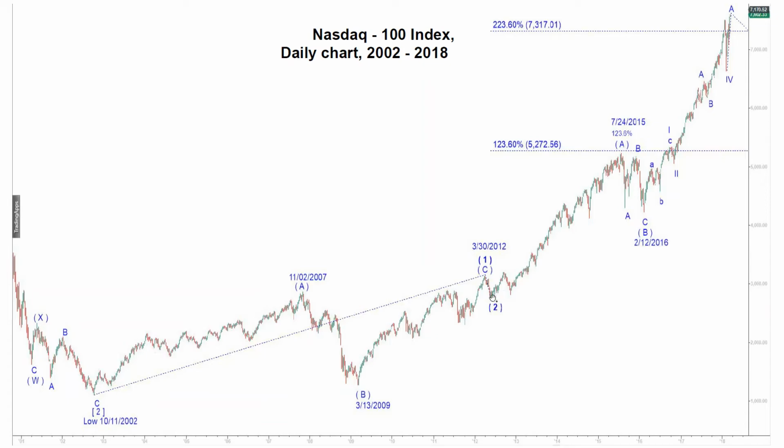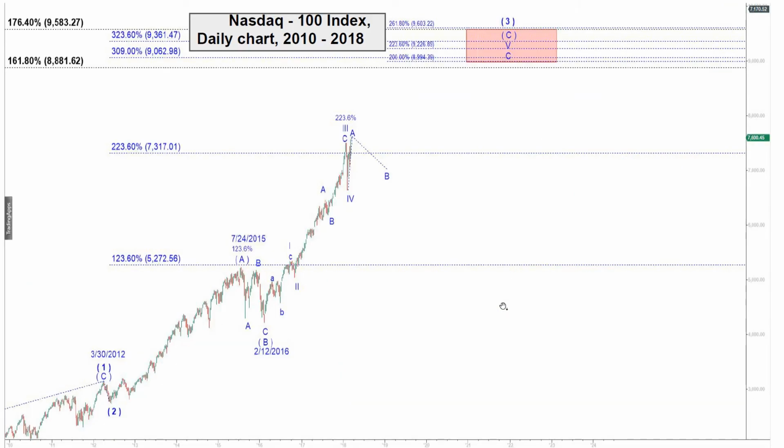And again, on the macro level here, we should expect A, B, and C, which would comprise wave 3 on that degree. And we got A, we got B down, and we are working on C up. And once that C up completes, basically that would be wave 3.